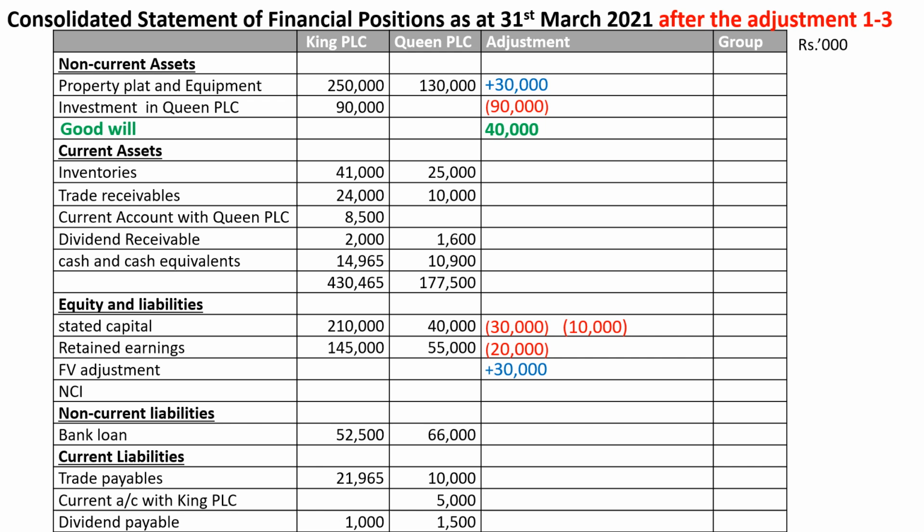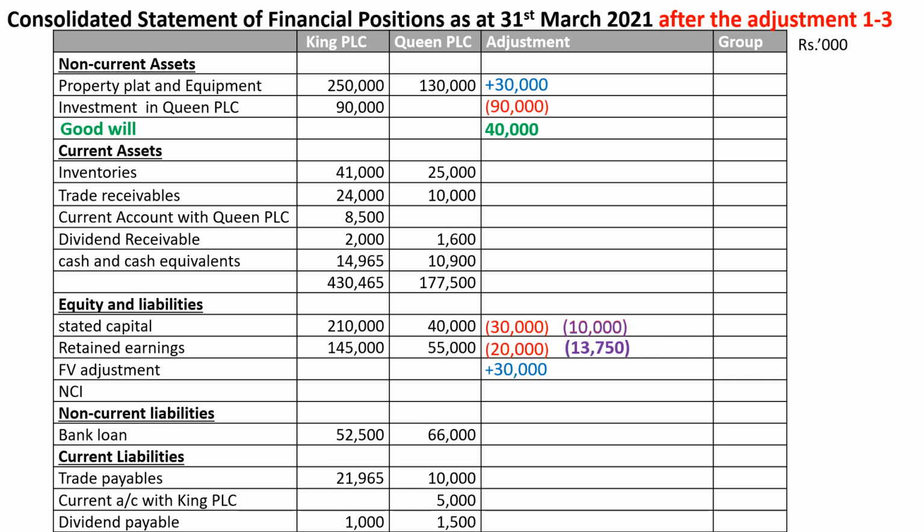Now, we have to calculate the non-controlling interest. In the non-controlling interest, first we have to transfer the 10,000 of the stated capital. Then, from the retained earnings, we have to take 25%, which means 55,000 into 25%.